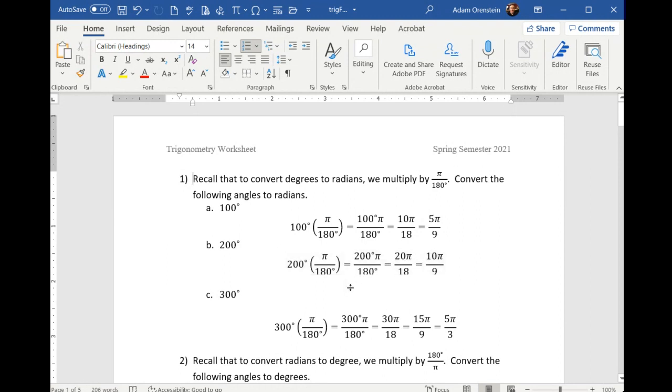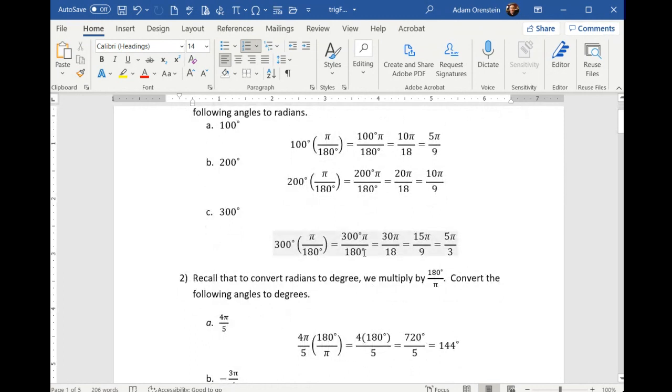Finally, for 300 degrees, same thing. We multiply by pi over 180 degrees. We get 300 degrees times pi over 180 degrees, okay? And as before, the degree symbol we cancel.